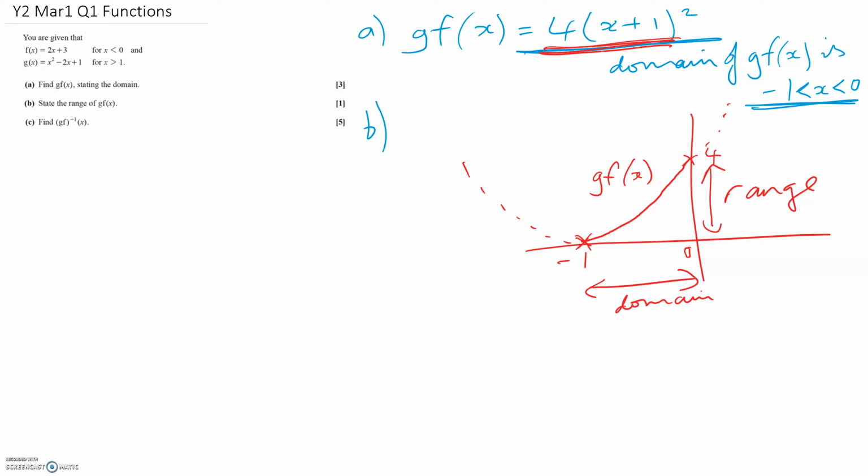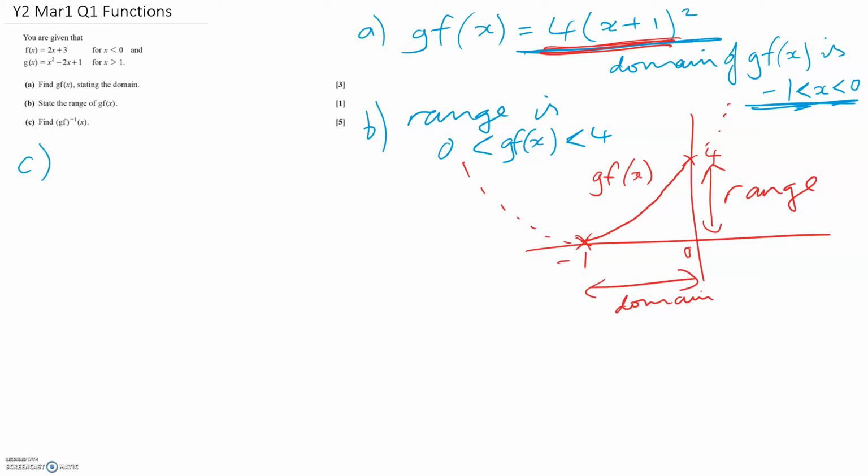So the answer to B, the range of g f of x is between 0 and 4. This is the same inequality symbols as in the previous question. It can't be equal to 0 and it can't be equal to 4.